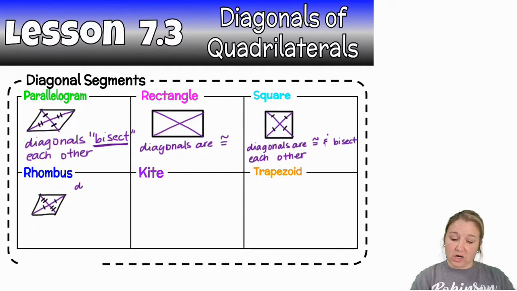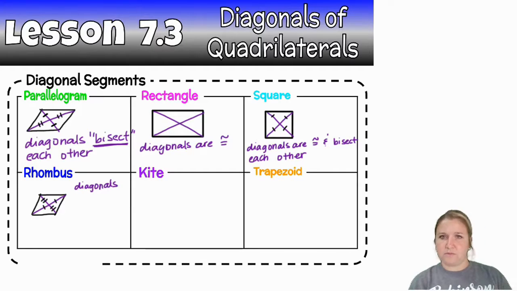So the diagonals are bisectors, as well as being perpendicular to each other. So the diagonals are perpendicular bisectors. That's what we would put those together.